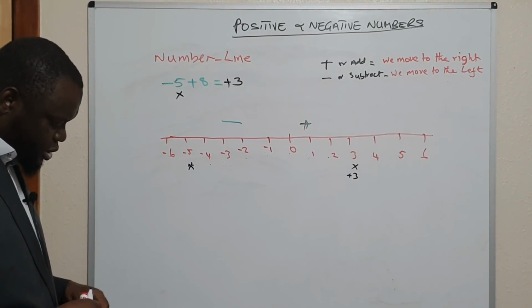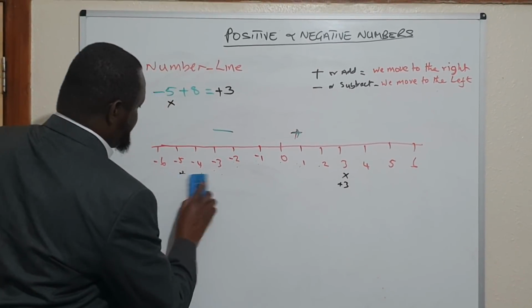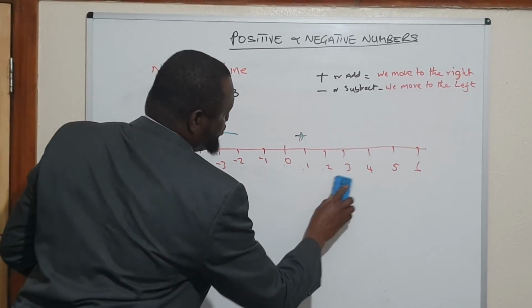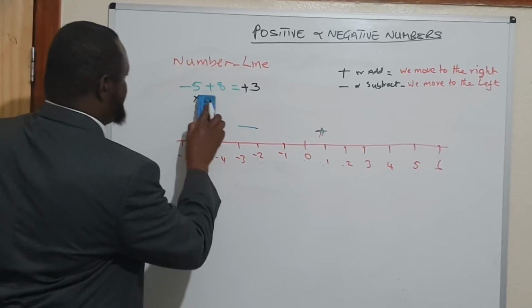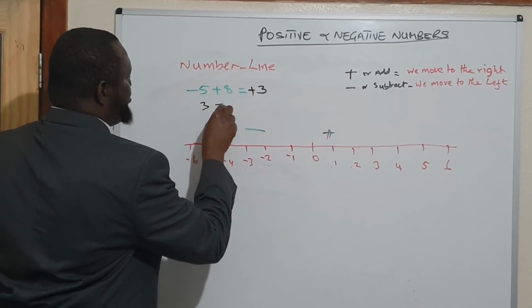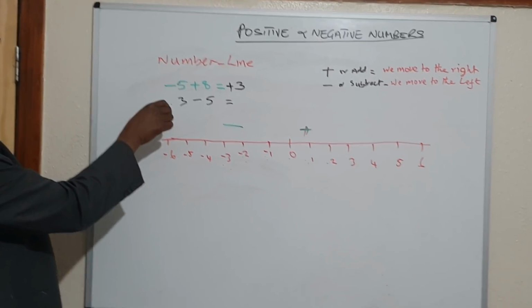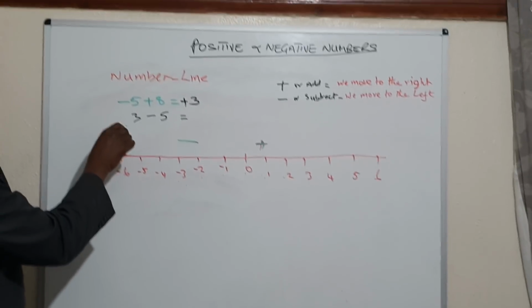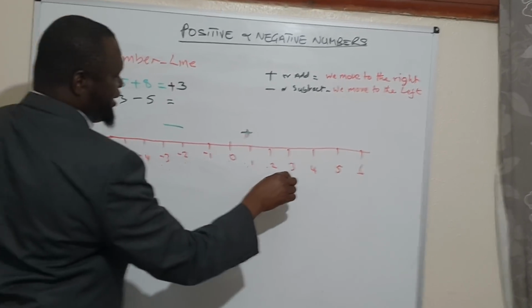Okay? Now let's use a minus. Let's say this one is 3 minus 5. Now we have to remember, if there is no sign behind a number, it's positive, isn't it? So we locate our positive 3 here.